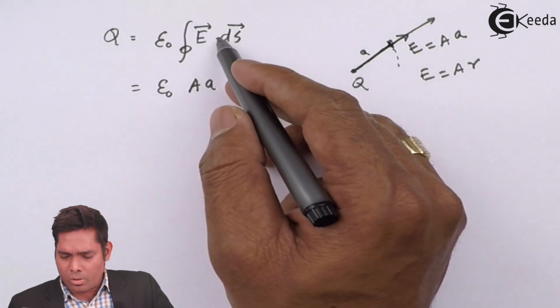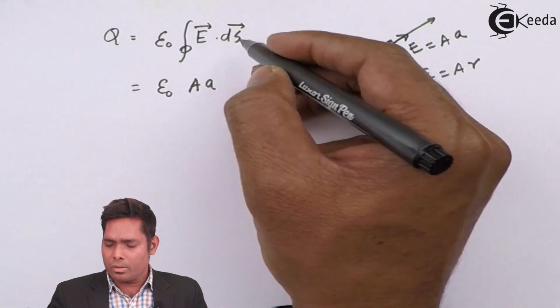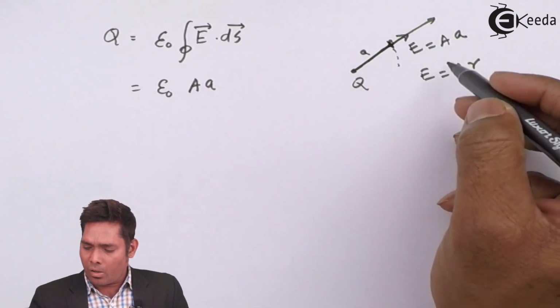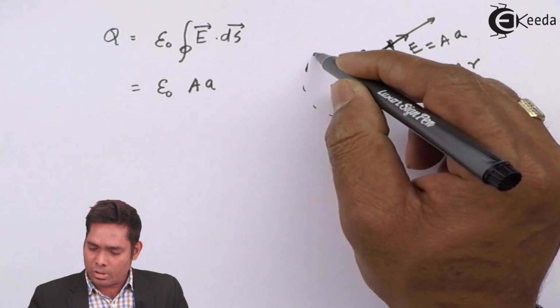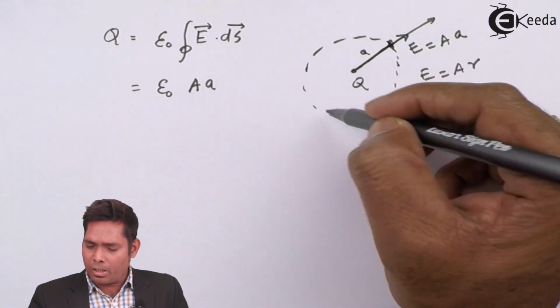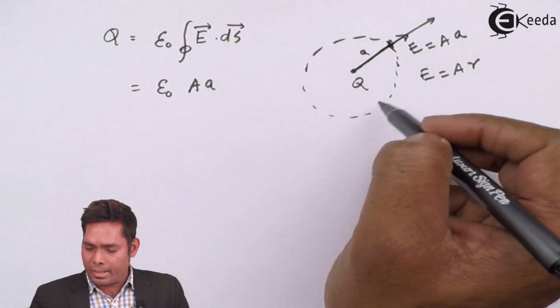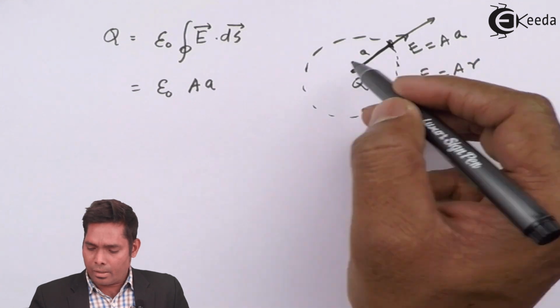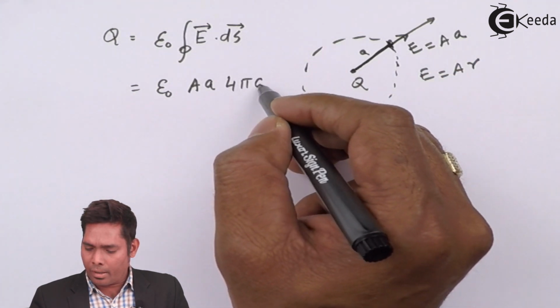The angle is 0, so cos 0 is 1, and ds is the area of this Gaussian surface. This is a sphere of radius A, so that is 4 pi A square.